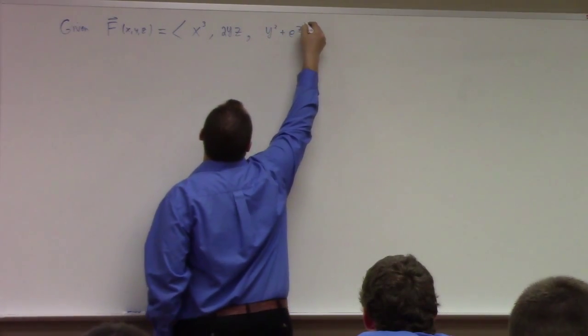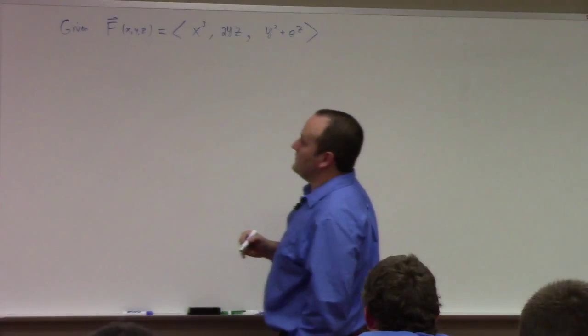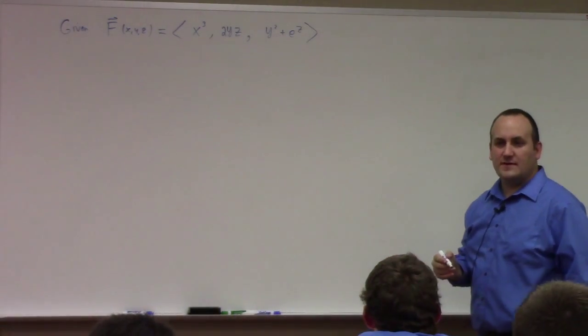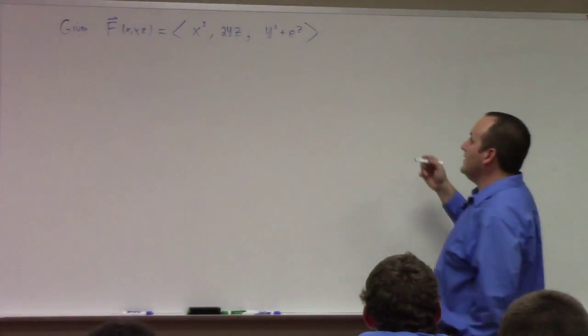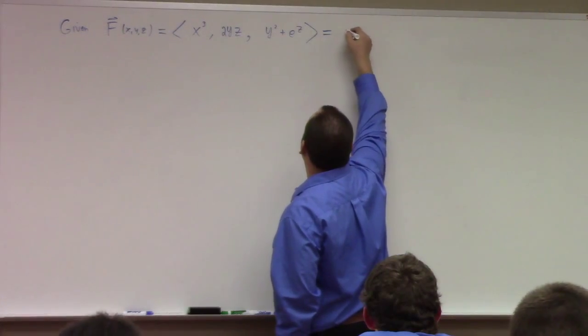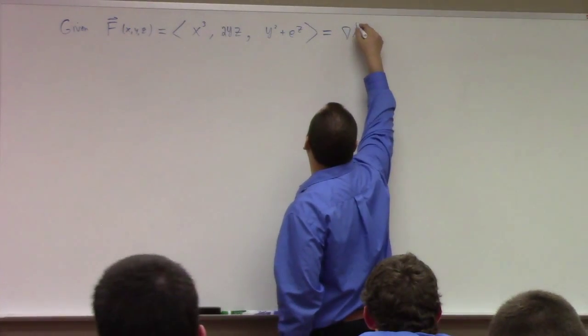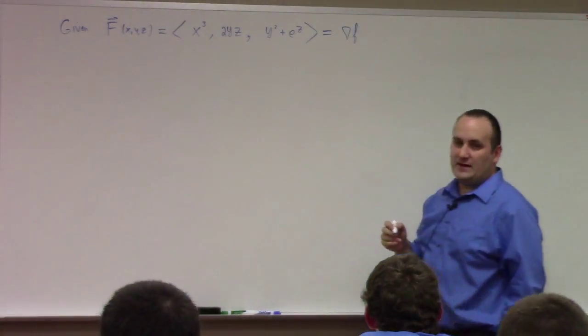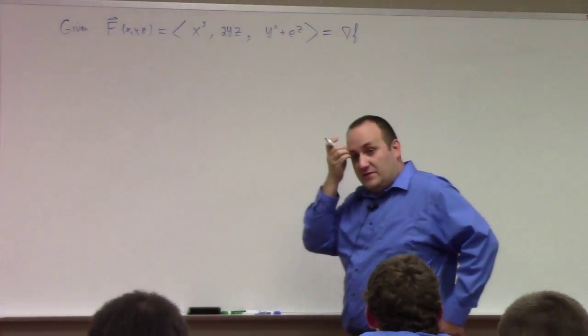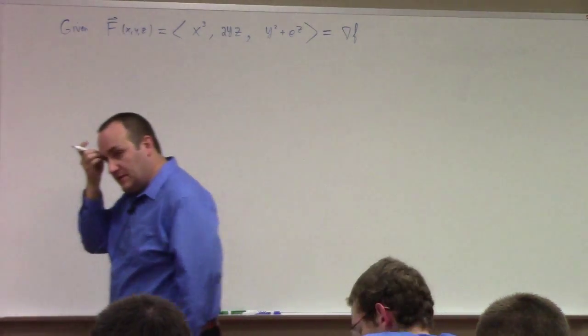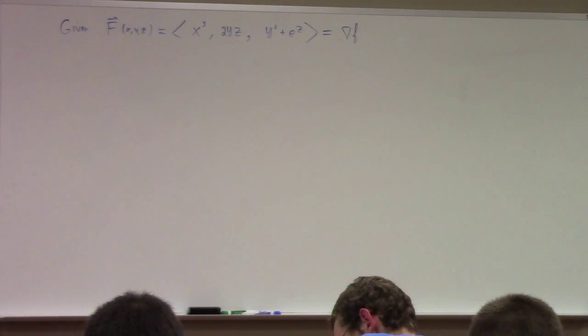There we go. That's weird enough. So here's the vector field. I just made it up. And the question is, can you find another function, little f, so that the gradient of the little function, the so-called potential function, is equal to the vector field? That's the question.